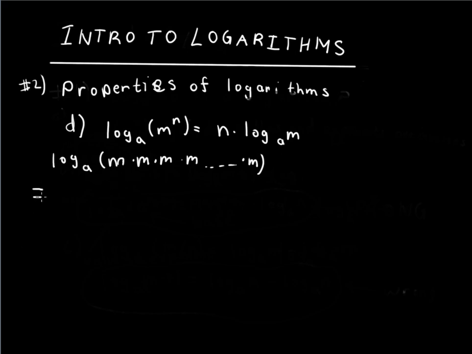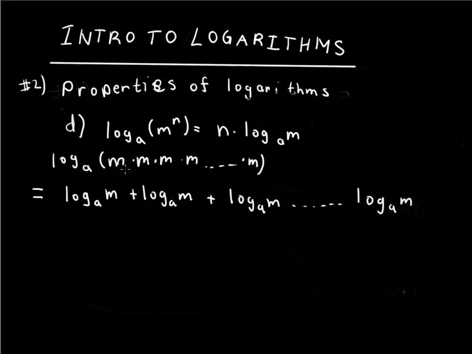Using the multiplication rule here, you can split this into log base a of m plus log base a of m plus log base a of m, n times. If this doesn't make sense, you just use the multiplication rule a lot of times here, and we split it into n different terms.